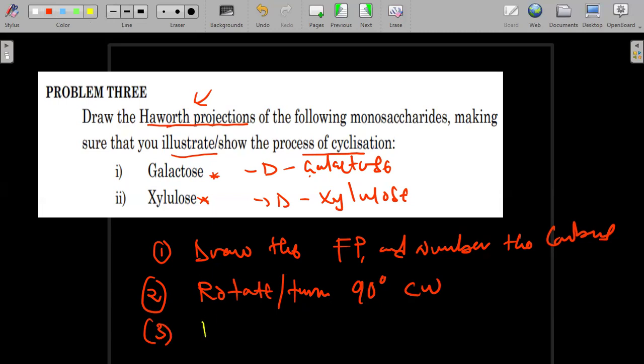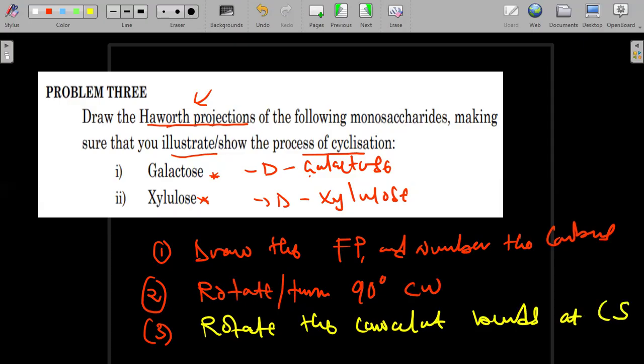You have to rotate the covalent bonds at carbon number 5. If that molecule has 6 carbons like galactose, we are going to rotate the bonds at carbon 5. We are going to rotate them what? Clockwise like that. And then the last step now is just to form the ring.